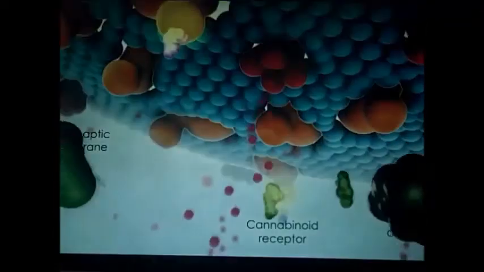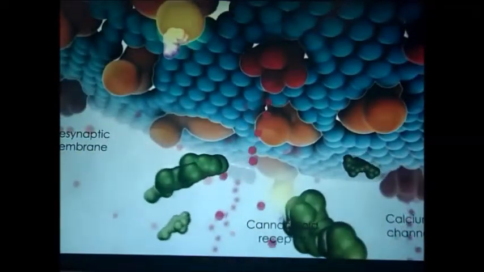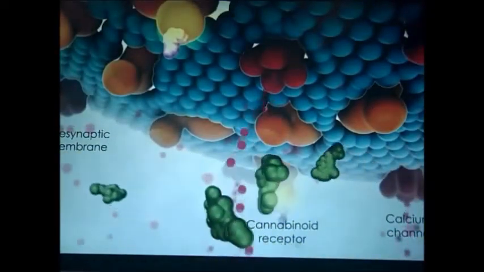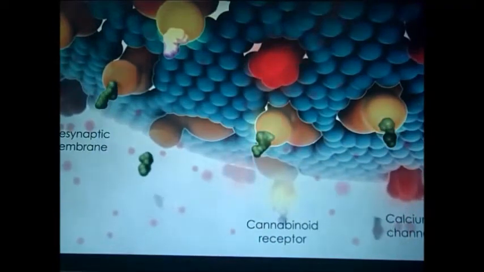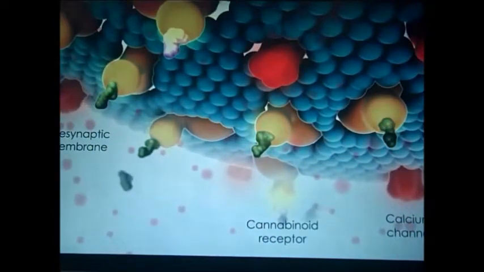Exogenous cannabinoids from the bloodstream bind to cannabinoid receptors on the presynaptic neuron and mimic the endogenous synaptic modulatory effect by decreasing influx of calcium ions. In this way, pain and other neural processes are modulated.